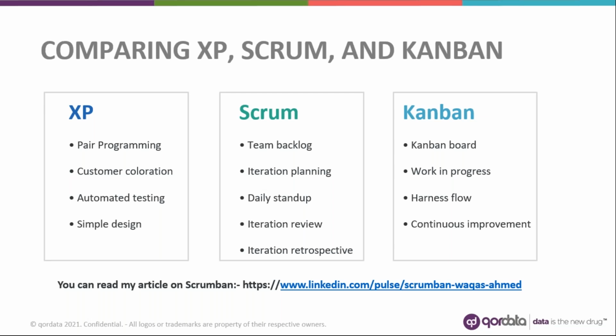It also has more ceremonies as compared to XP or Kanban, and a more disciplined way of doing things in product development. Kanban is also good. It has very few workflows, doesn't have so many ceremonies as compared to the Scrum framework, and it also has WIP limits on the Kanban boards. But it focuses more on continuous improvement.